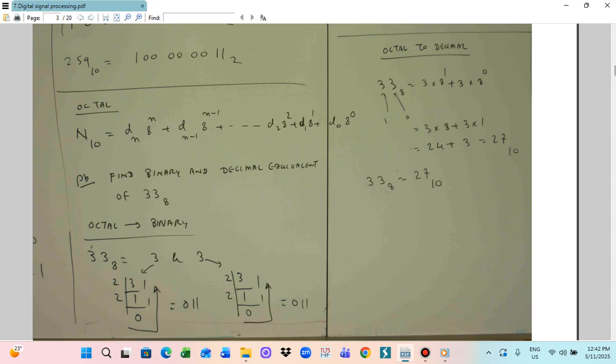Now another one with the hexadecimal system. For the hexadecimal system, we can write it in base 10.